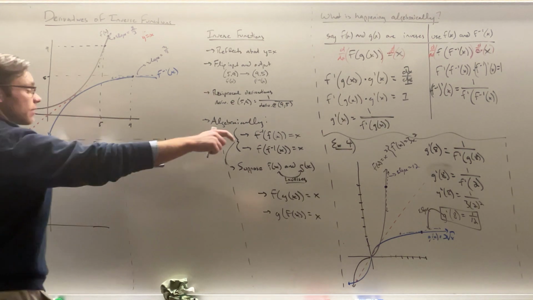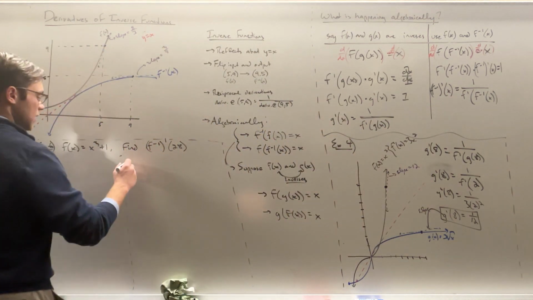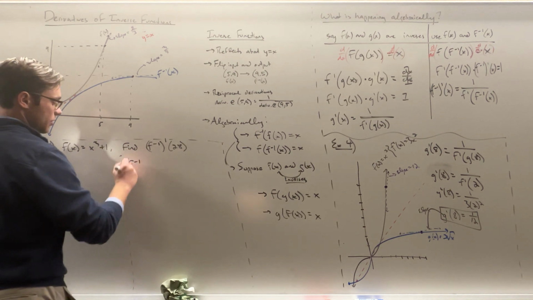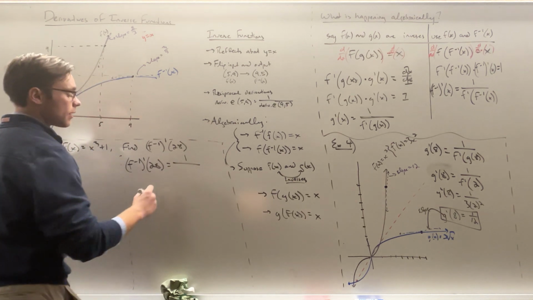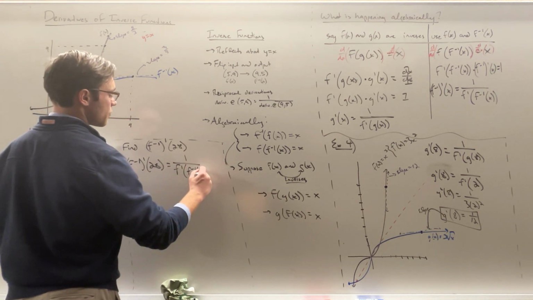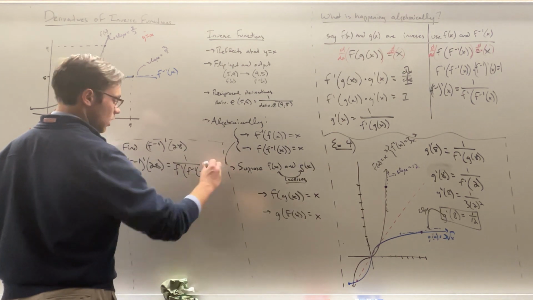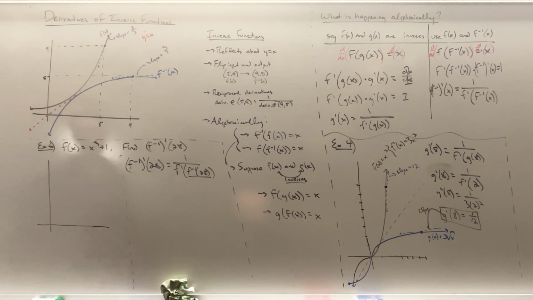We know that the inverse function, f inverse prime of 28, is equal to 1 over f prime of f inverse of 28. Now what is f inverse of 28?